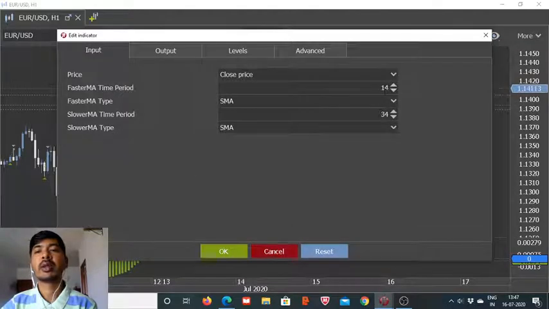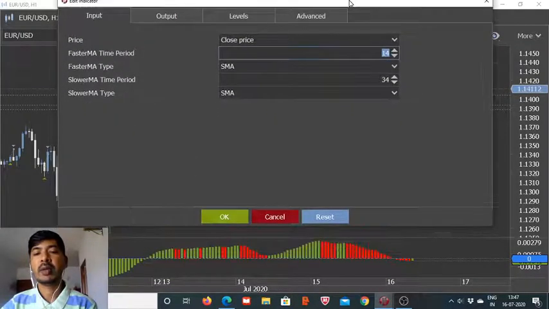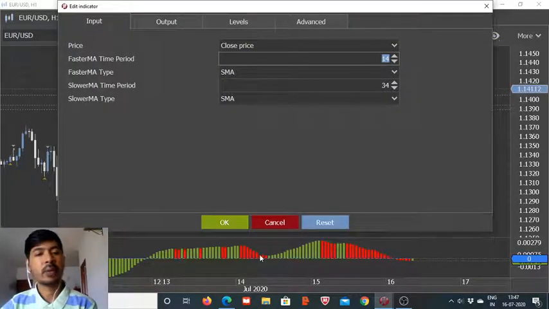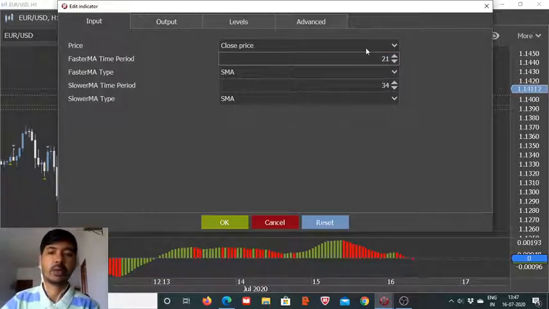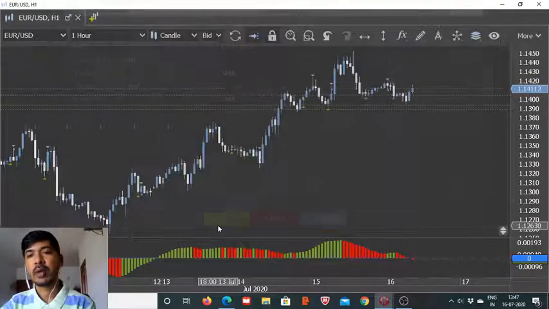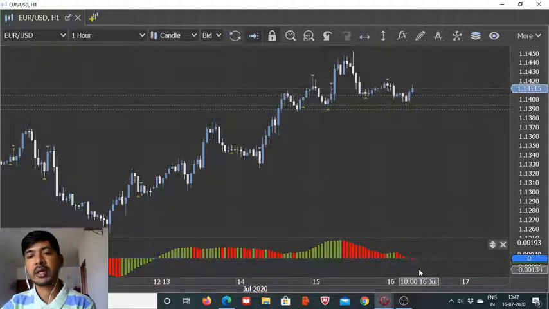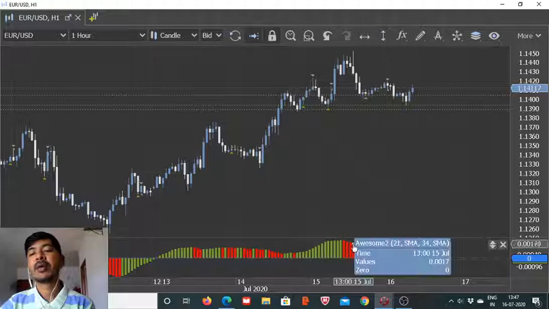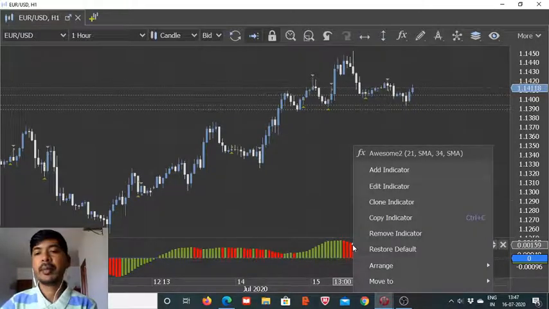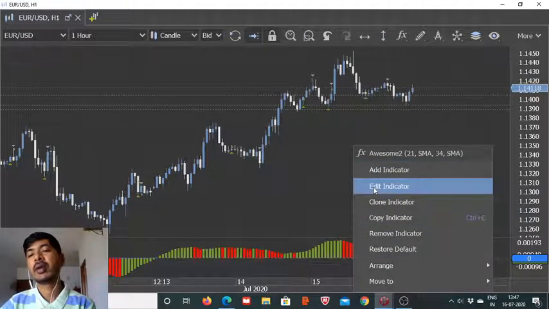So here you can see, and if we now make it 21, so keep this in mind, pay attention. Again it will change as soon as I change it to 21. So now as you can see, the combination has changed further. So it depends a lot on which type of MA time period you are working with.